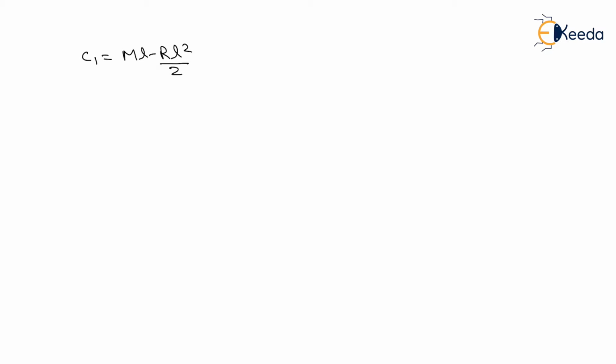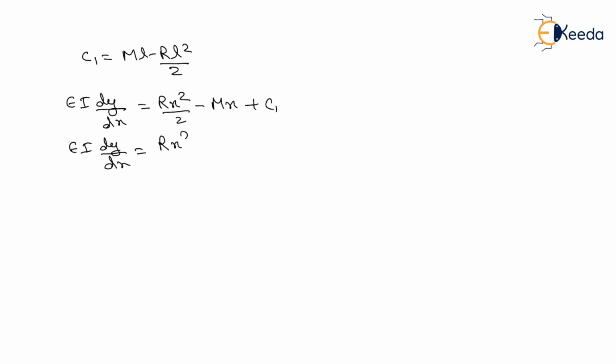Now putting this value in the equation, EI dy by dx is equals to Rx square by 2 minus Mx plus ML minus RL square by 2. That is the equation of EI dy by dx.